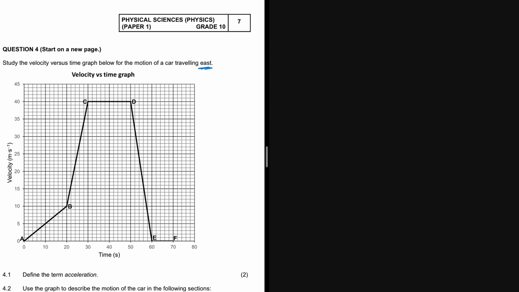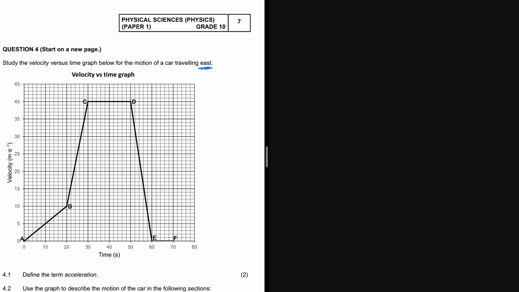We can see now at point A, the car was not moving. It was at rest because the velocity was 0 meters per second. And then it started to move. It increases its velocity. But if the velocity increases like this, that means the car is accelerating at a constant acceleration.